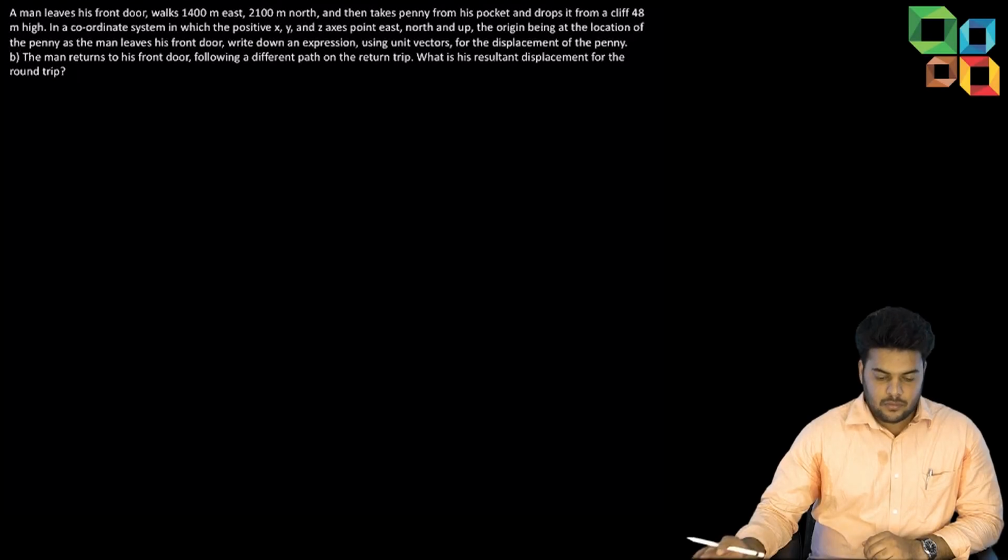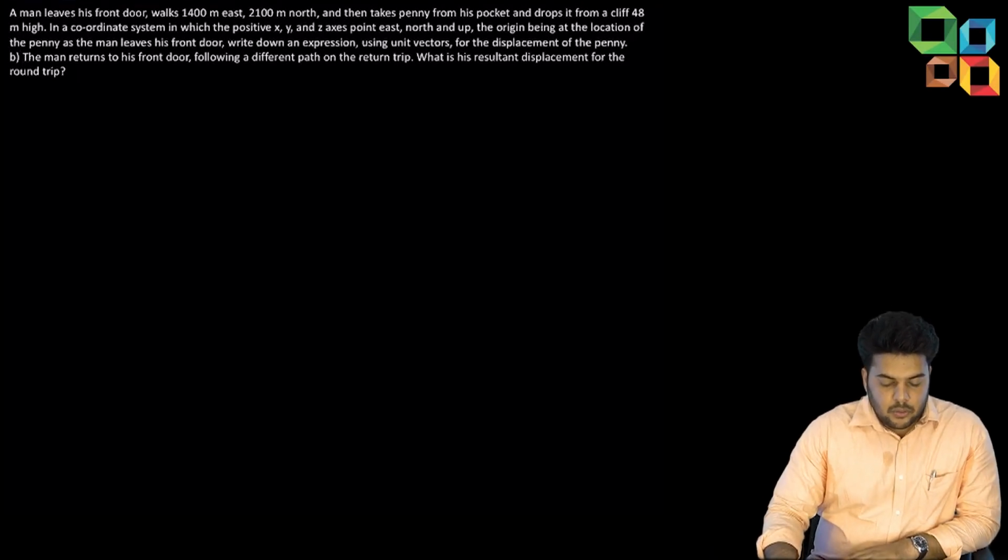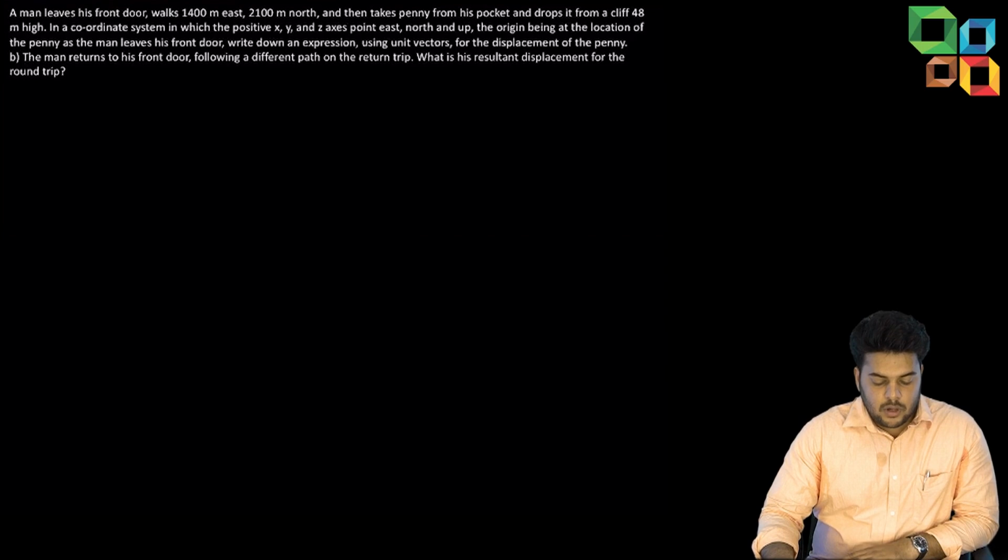All right. So man leaves his front door, walks 1,400 meter east, 2,000 meter north, and then takes a penny from his pocket and drops it from a cliff 48-meter high.